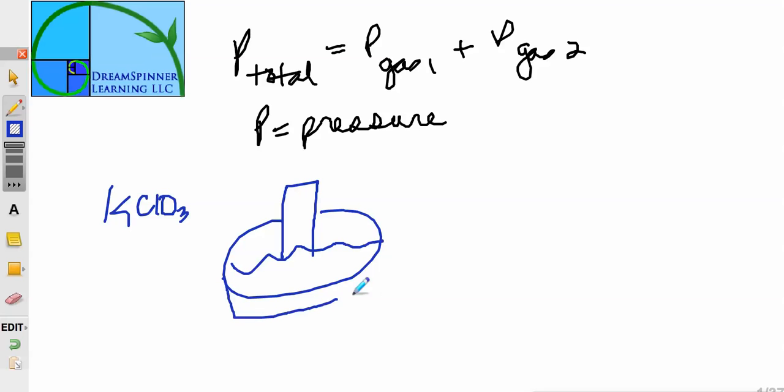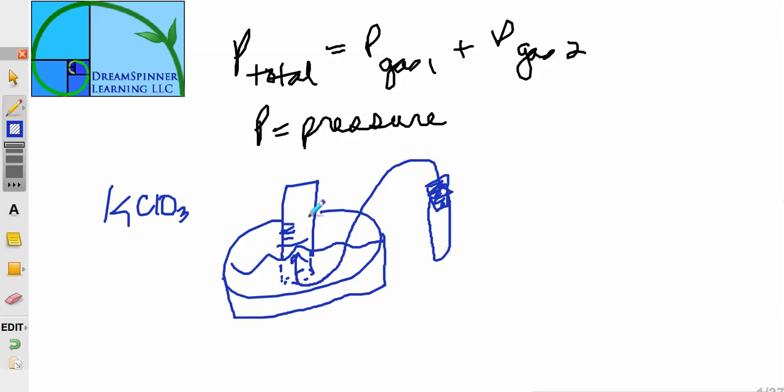I'll make the pan a little bit more three-dimensional, and I'll put my graduated cylinder down under the water. And I will be somehow decomposing potassium chlorate, and there's a stopper in here, and we'll color in the stopper, and a tube which goes down underneath the water and up into my graduated cylinder.